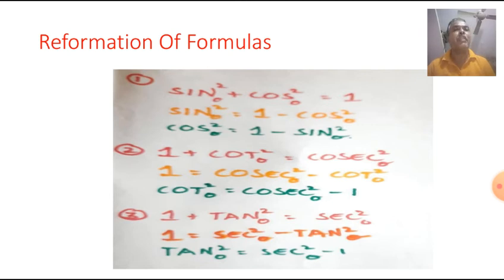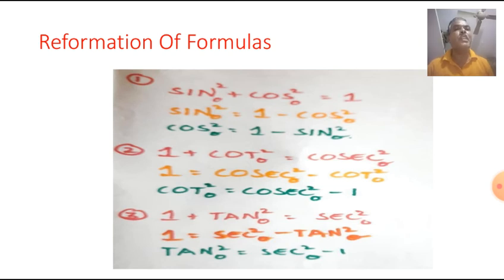I did the same thing. Second formula is 1 plus cot square theta is equal to cosecant square theta. So 1 is equal to cosecant square theta minus cot square theta. Just I shifted cot square theta to the other side of the equals, that becomes minus.